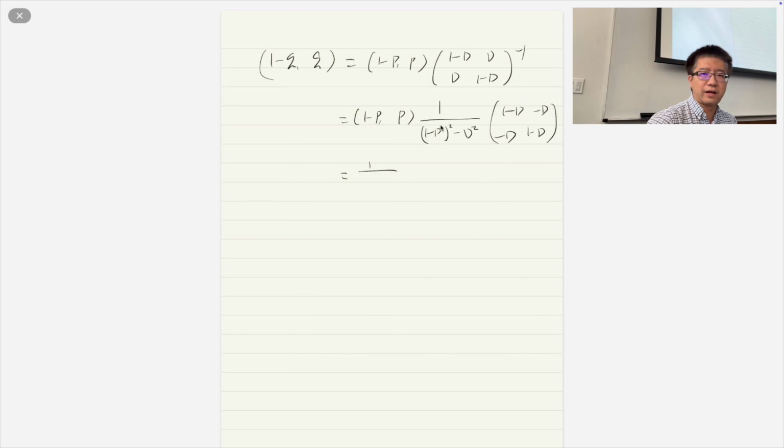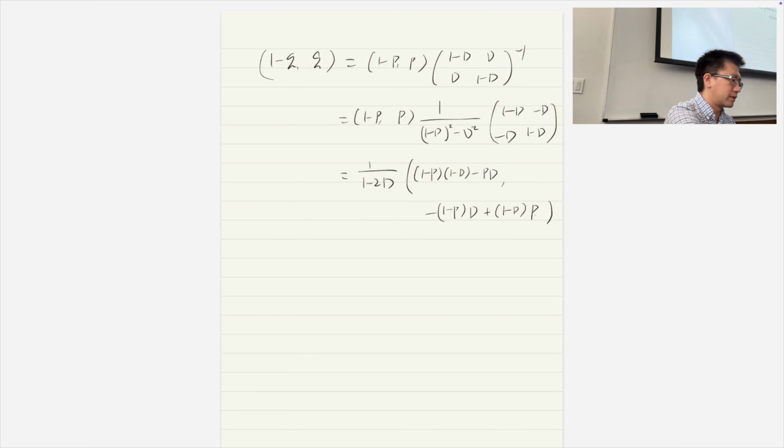So we can compute that first. That's given by 1 minus 2d. And whatever inside is basically this guy multiplied by this guy, and this guy multiplied by this guy, right? So that is 1 minus p times 1 minus d minus pd. And the second term is 1 minus p times minus d, plus 1 minus d times p.